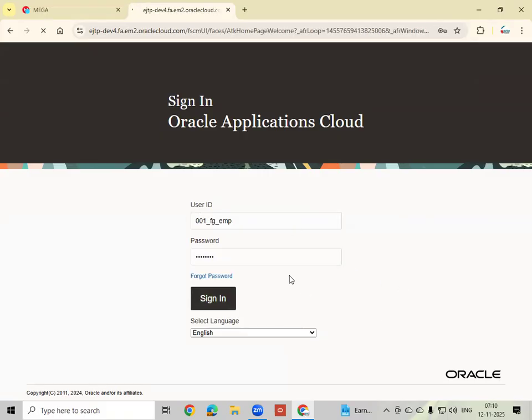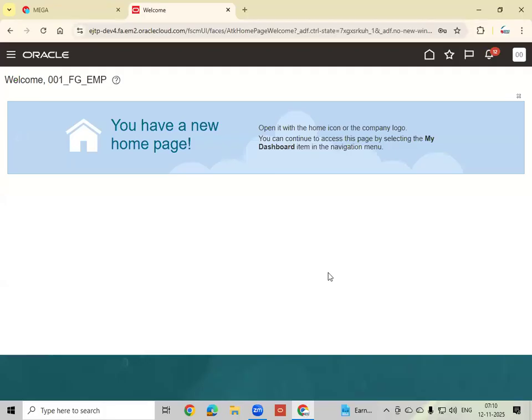So you can log in with your own user, as I showed you.